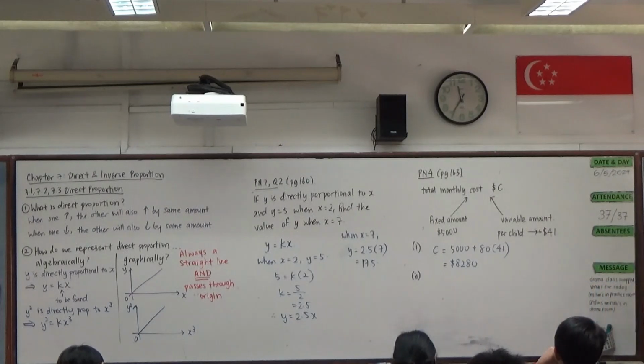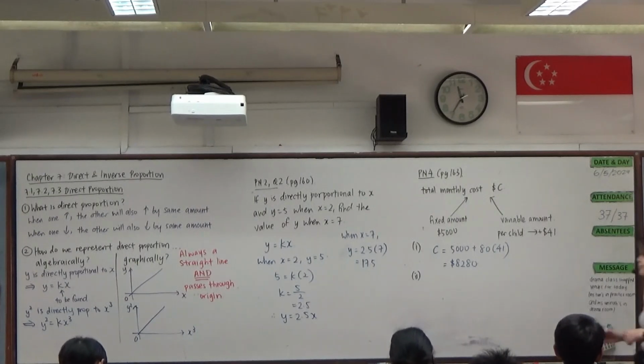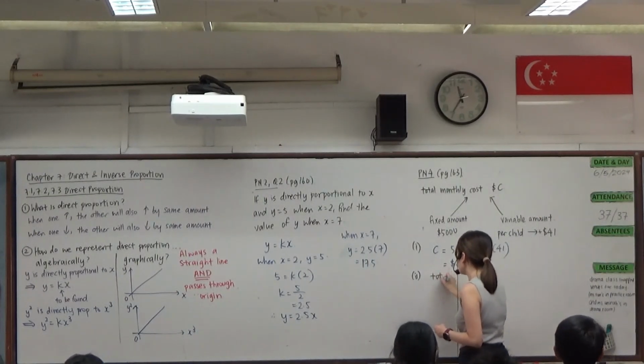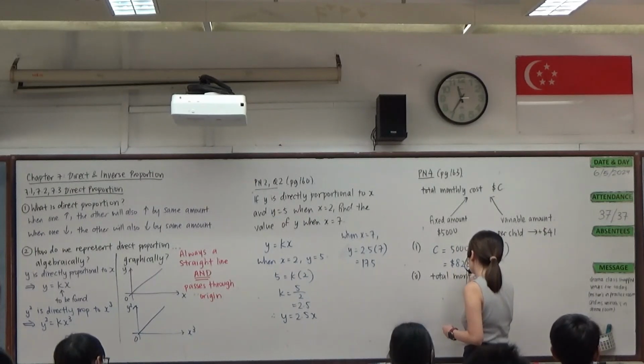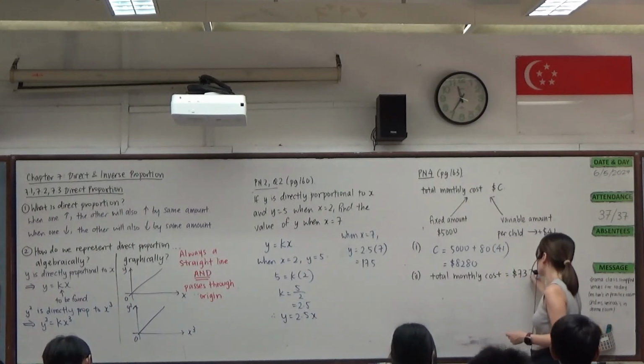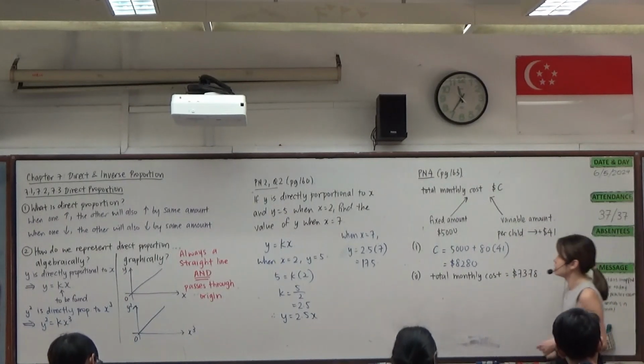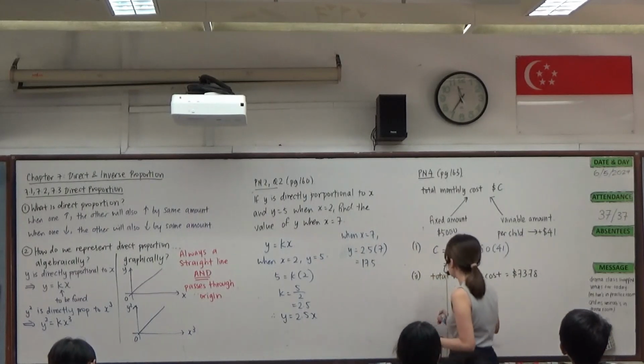And then in part 2, it says if the total monthly cost of running the kindergarten is $7,378, calculate the number of children. So they tell you that the total monthly cost is $7,378. How do we find the number of children? Joshua, can you tell me how many children there are?